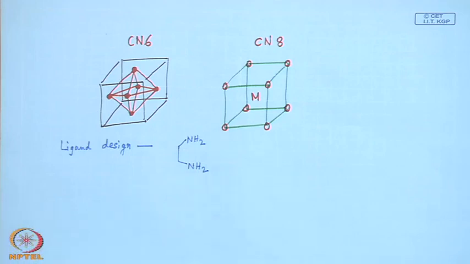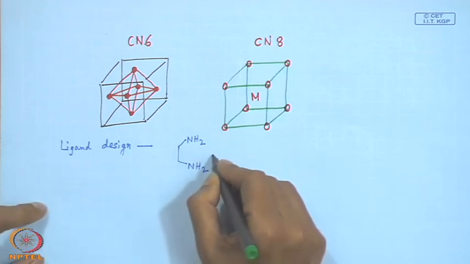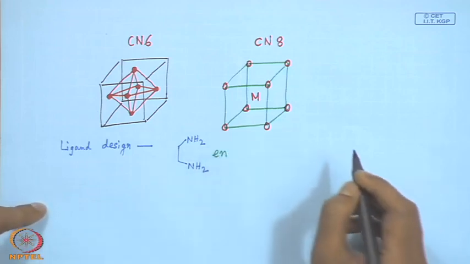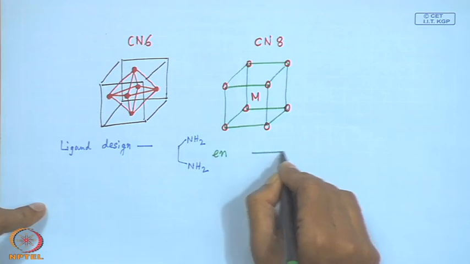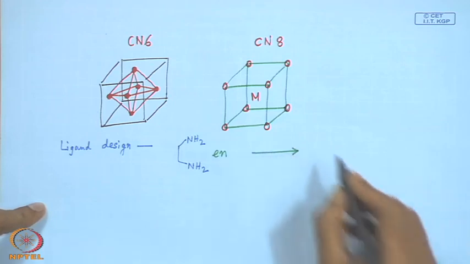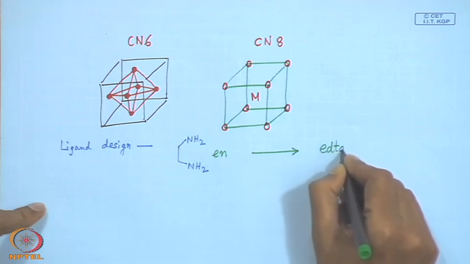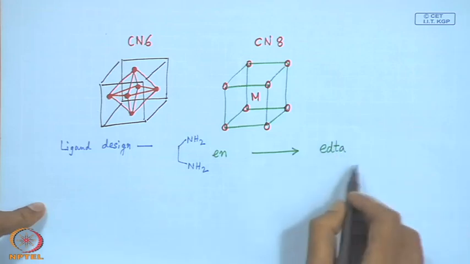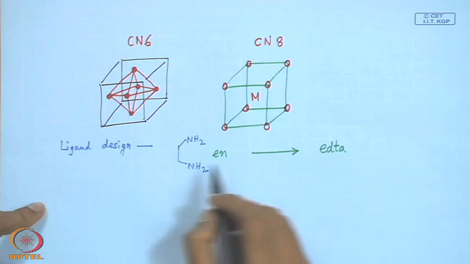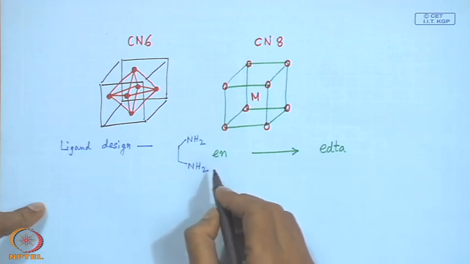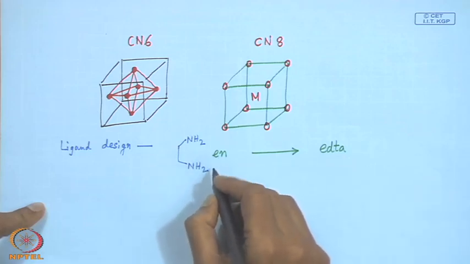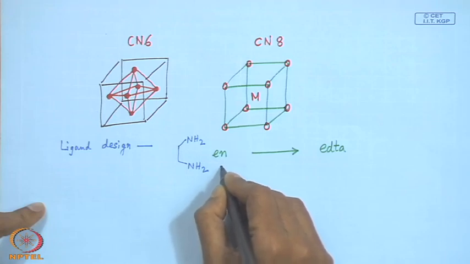This ethylene diamine is nothing but a bidentate ligand with the abbreviation EN. It can go to ethylene diamine tetraacetic acid or EDTA. So, when we are derivatizing this particular ligand, the ligand denticity, this is bidentate.